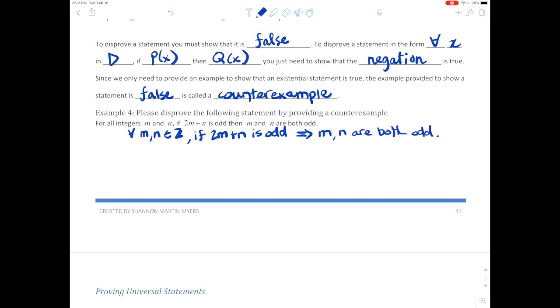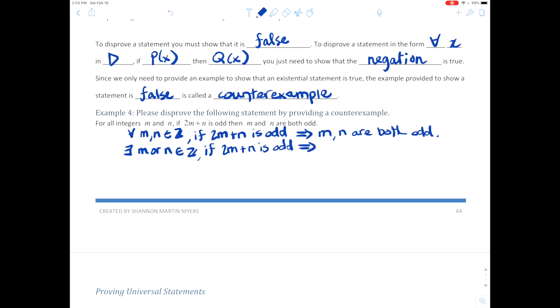So what would the negation of this statement be? Well, there would exist an m or n, it'd be an or statement, that belonged to the integers where 2m plus n is odd. So you want to say that this first premise is true, and you want to show that the conclusion is false.